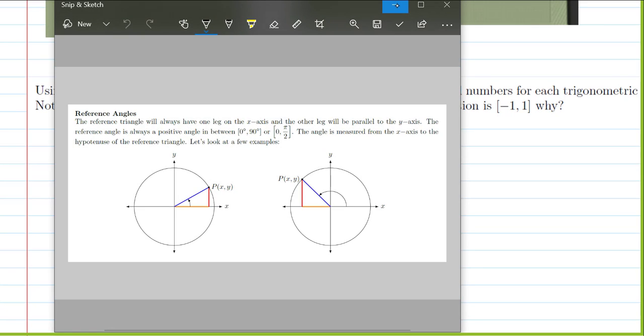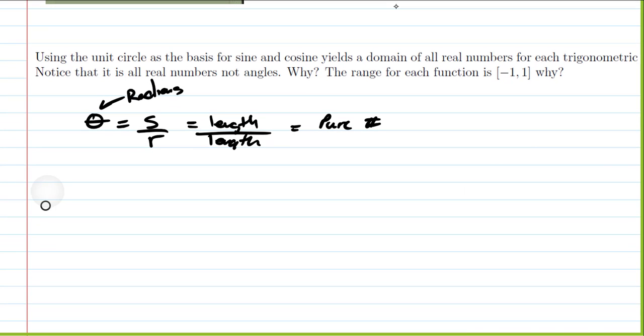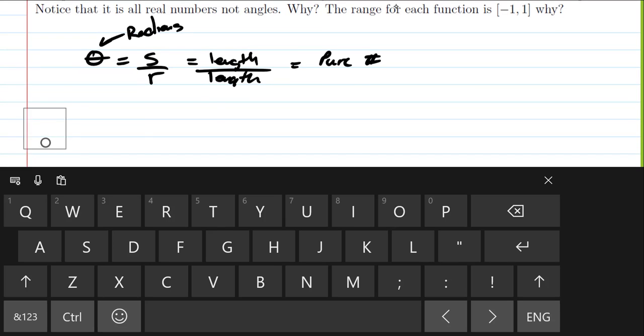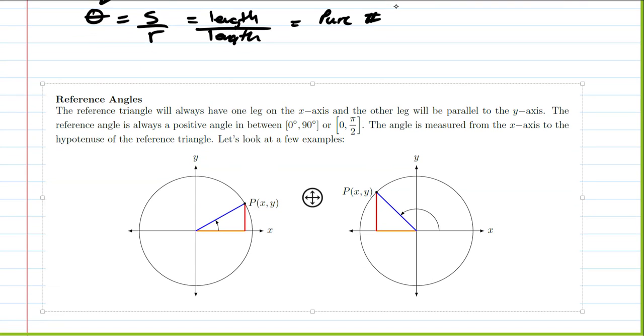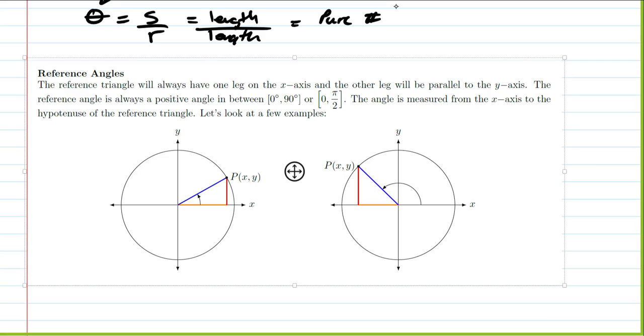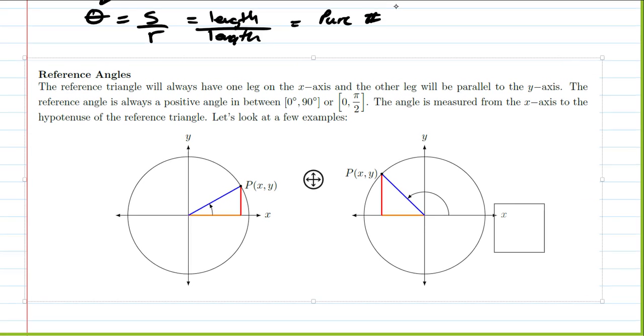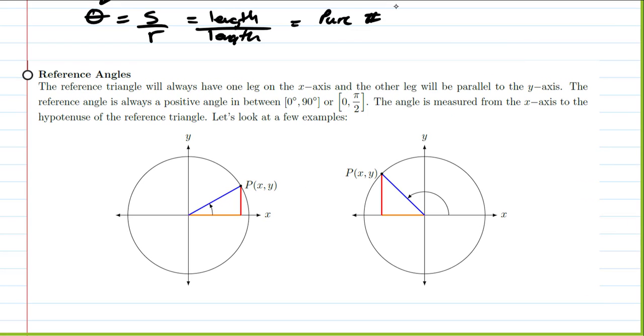All right, so our next definition is reference angles. The reference triangle will always have one leg on the x-axis, and the other leg will be parallel to the y-axis.